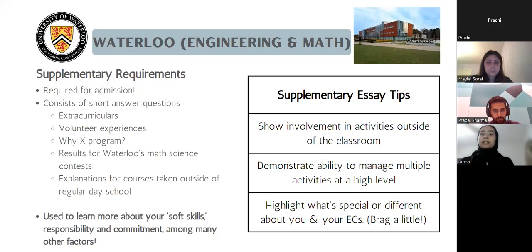It also includes explanations for courses taken outside of regular day school, used to learn more about your soft skills, responsibility, and commitment, among many other factors. Through these written components, they see how involved you were in activities outside of the classroom. They see your demonstrated ability to manage multiple activities at a high level, and it highlights what's special or different about you and your extracurriculars.